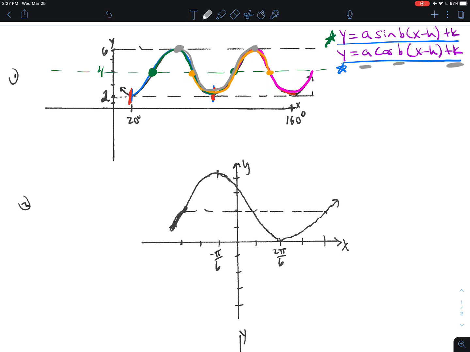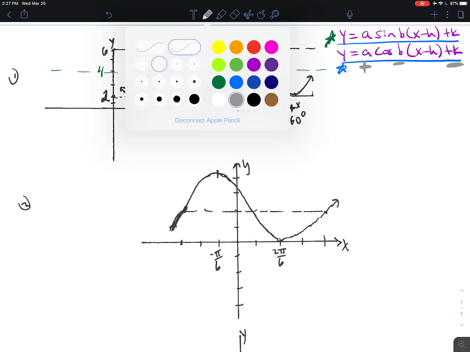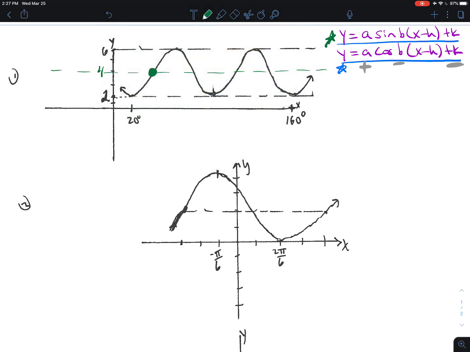It's just, are you doing sine or cosine? I guess a could be positive or negative, I take that back. And then the h value: where did you shift? So among all those things, we'll have to decide which one we want to do. And I'm going to leave that horizontal axis there at 4 and solve the rest of this problem in green.